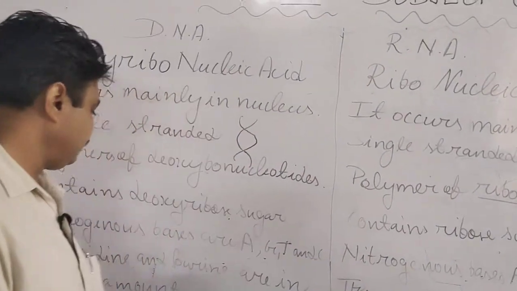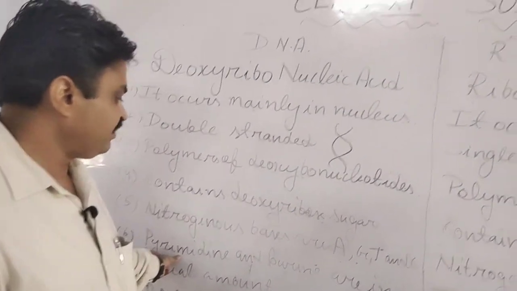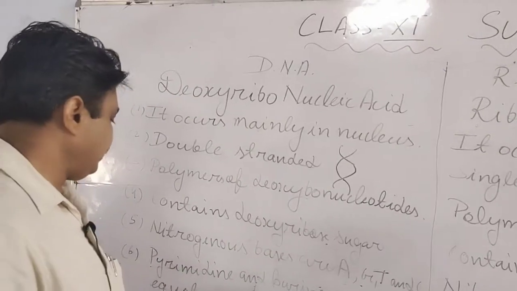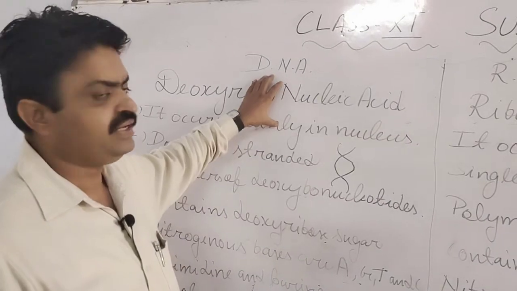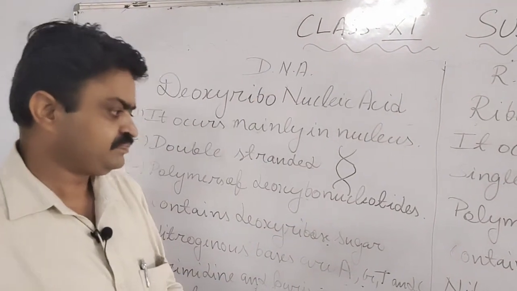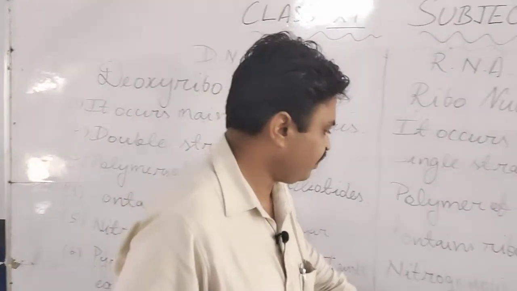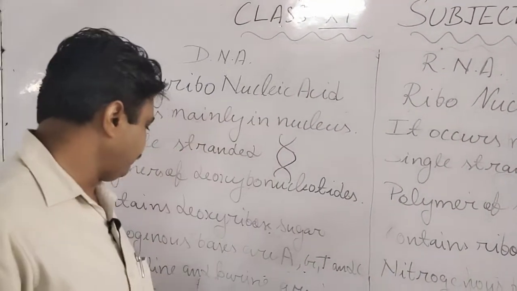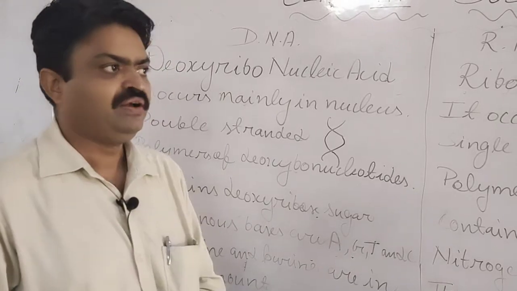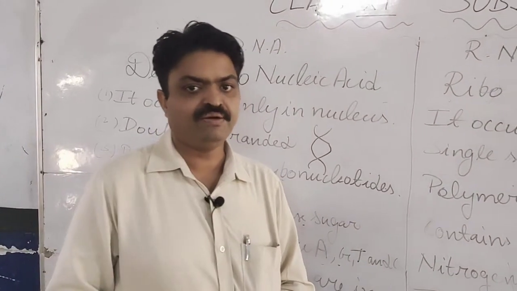With this, student, pyrimidine and purine are found in equal amounts inside the DNA, but they are not found in equal amounts in RNA. Means purine and pyrimidine are not found in equal amounts.